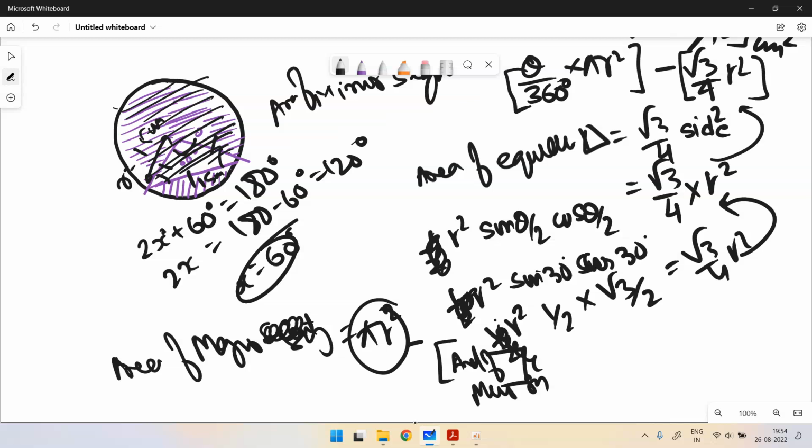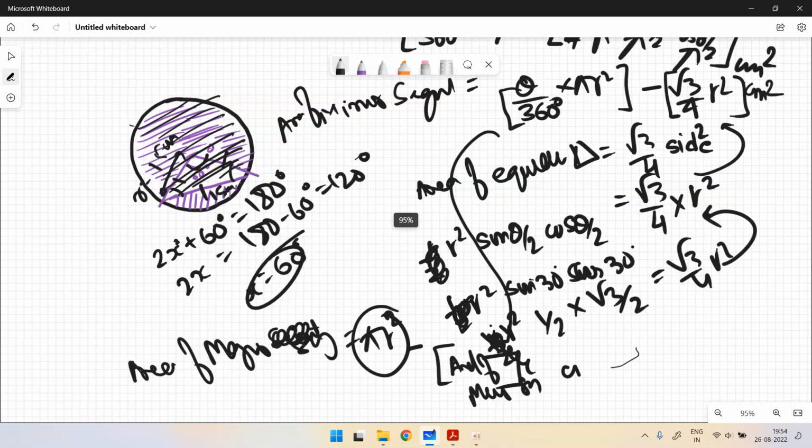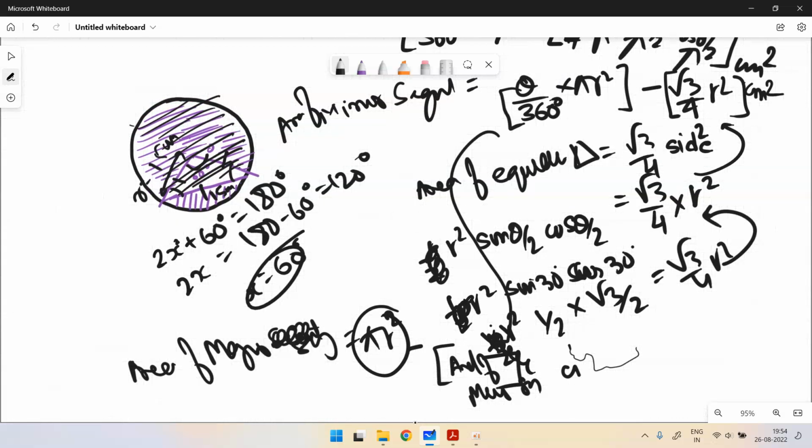Now whatever value you get for the minor segment here, this is in centimeter square. You put this value here and subtract it from pi r square, and the answer will be in centimeter square.